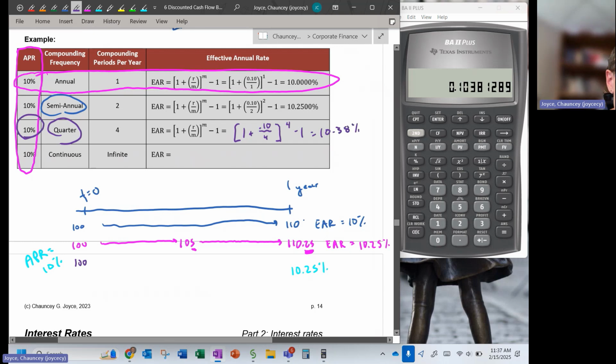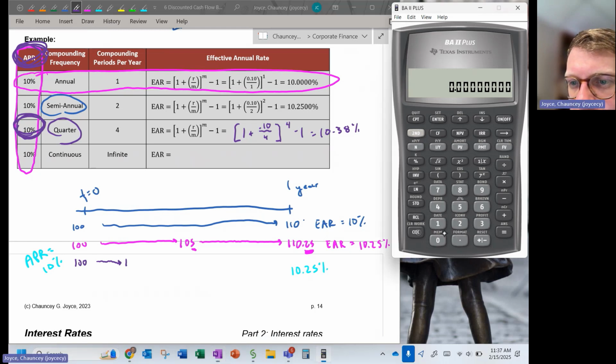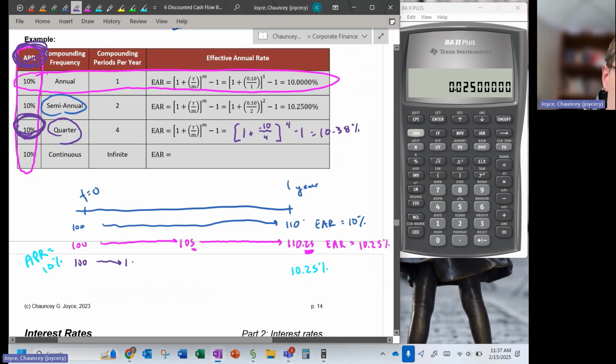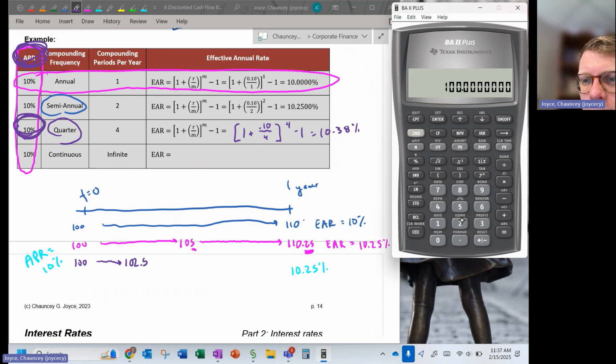So we still have an APR of 10% quoted by law. But why does this change? Well, in 1 quarter, we're going to start getting interest, right? So we're going to take the 10% divided by 4. We're going to start earning 2.5% per period. So we'll have 100 times 1.025.